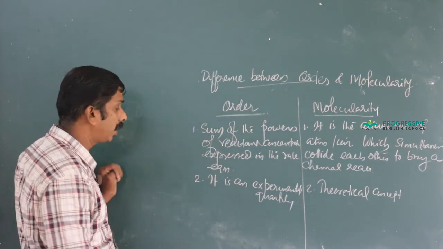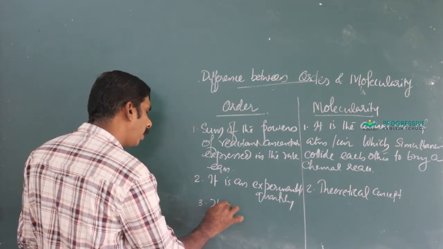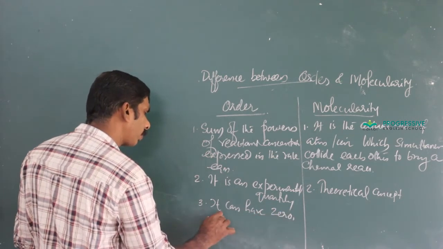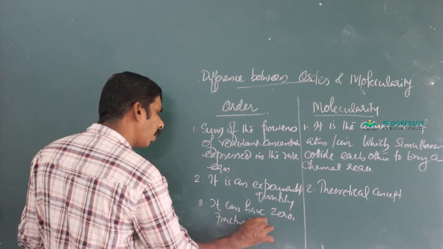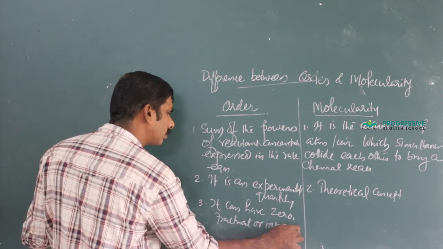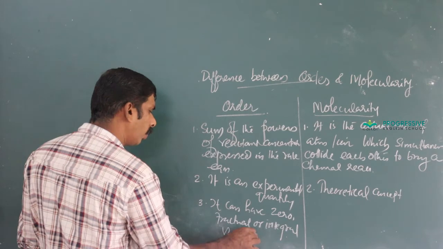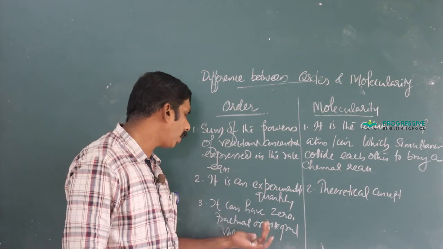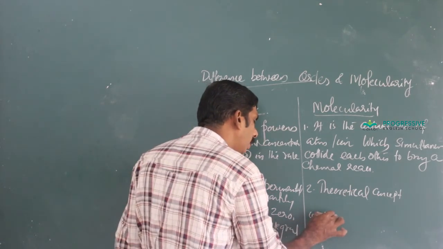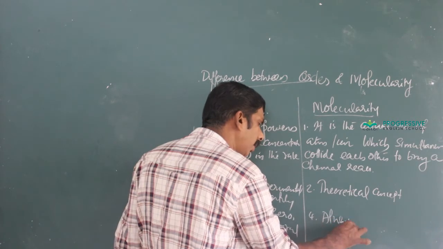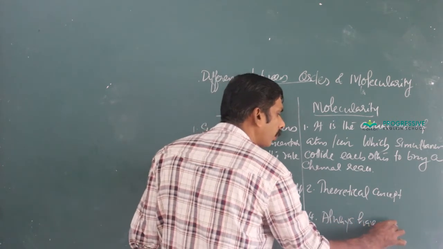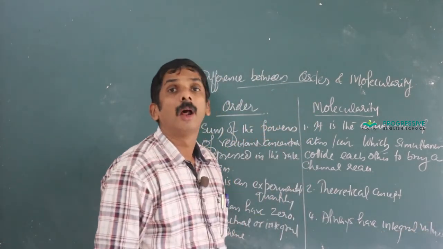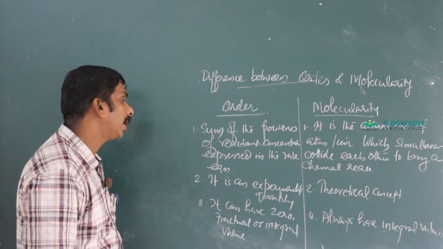Then order can have zero, fractional or integral value, while molecularity always has integral values.